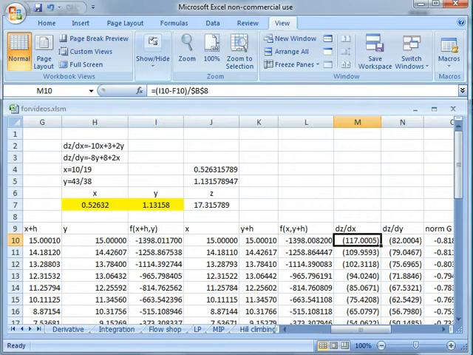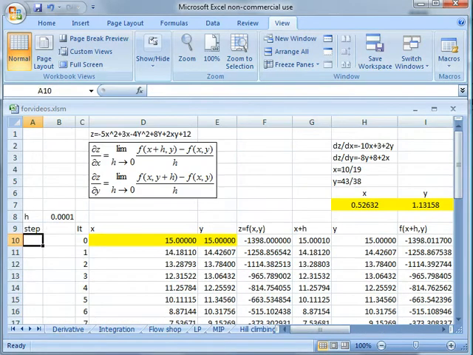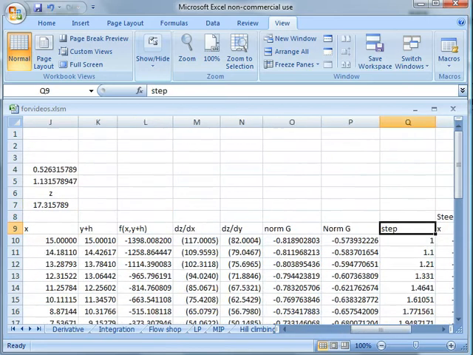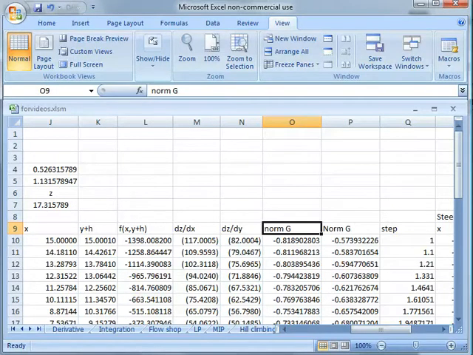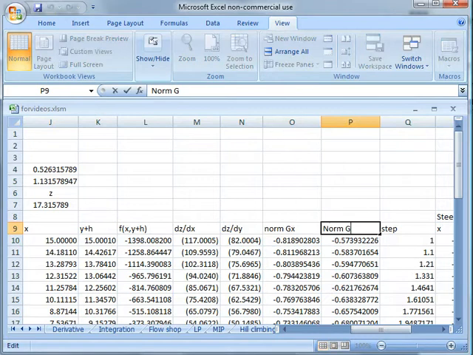I do so by following the formulas that I just described here, and we can obtain a partial derivative with respect to both x and y. And then we can compute the normalized gradient in the x direction, and we can compute the normalized gradient in the y direction.